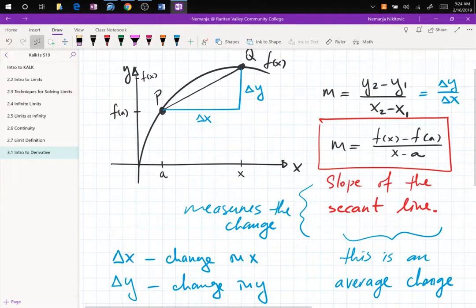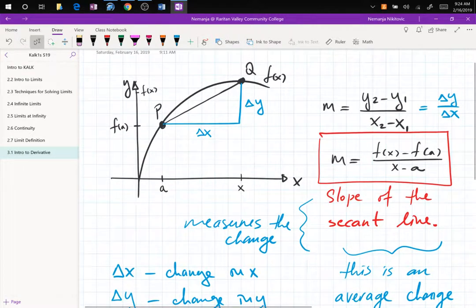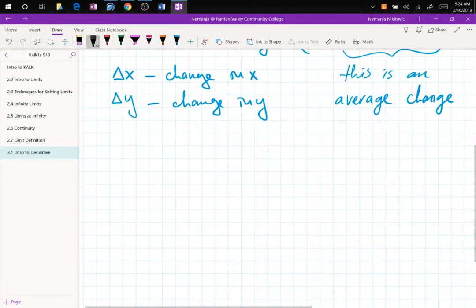But now I am going to do something really cool. I am going to let this Q move, so I can draw a new picture.